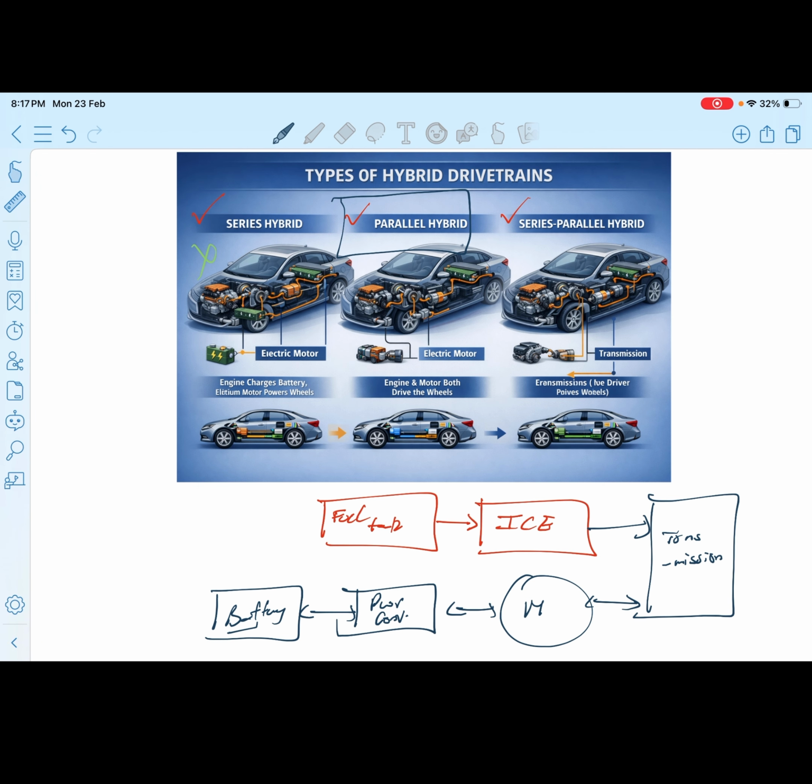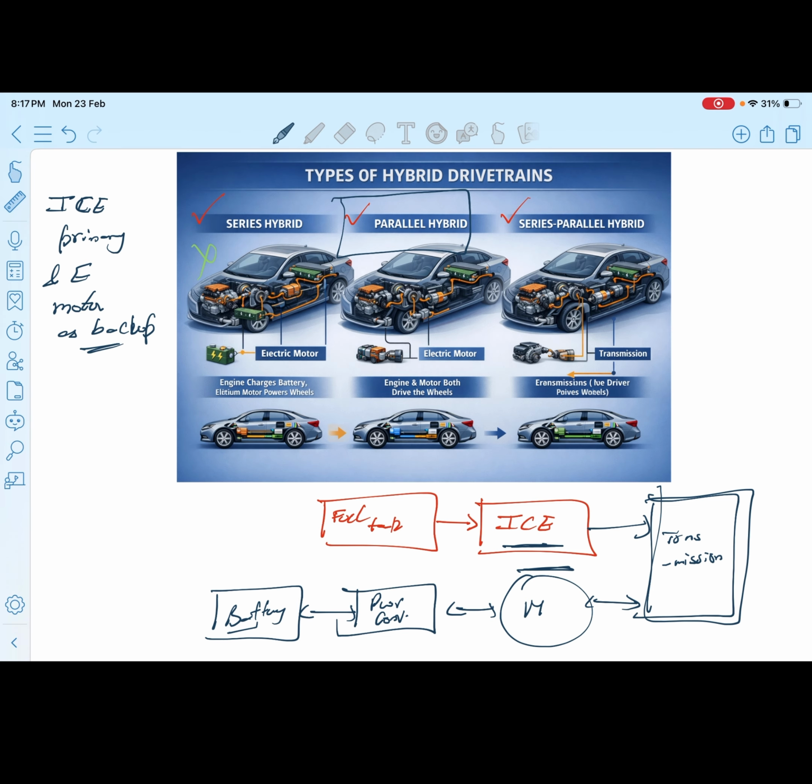If you see closely, there's actually a parallel connection, as the name suggests, between your IC engine and your motor with respect to the mechanical transmission. In the parallel hybrid, the IC engine is always your primary source and your E-machine is always the backup, no matter what.